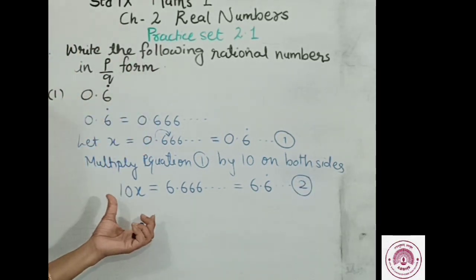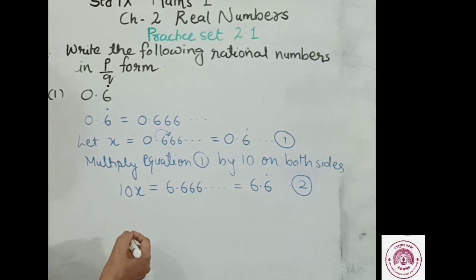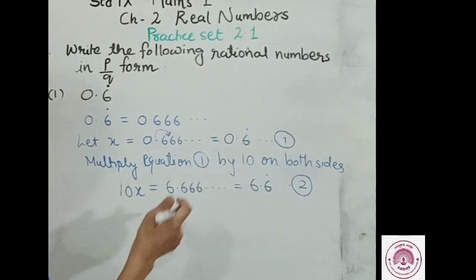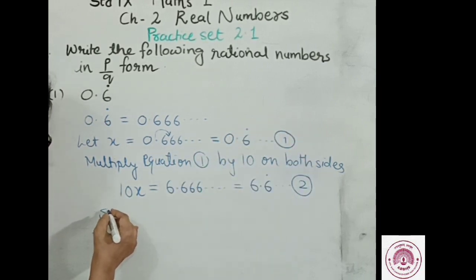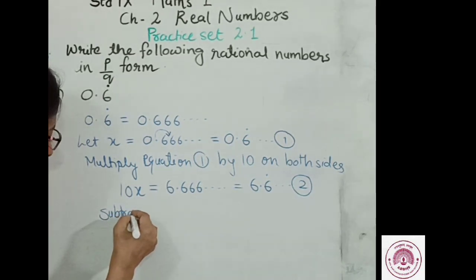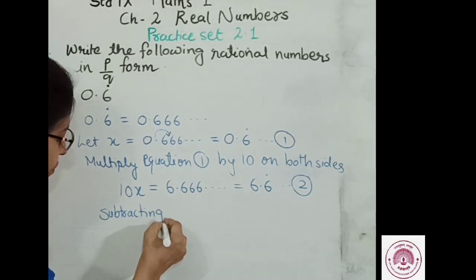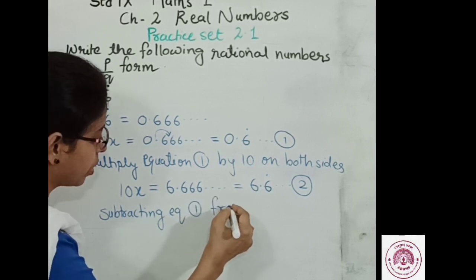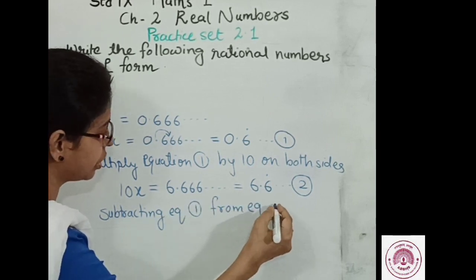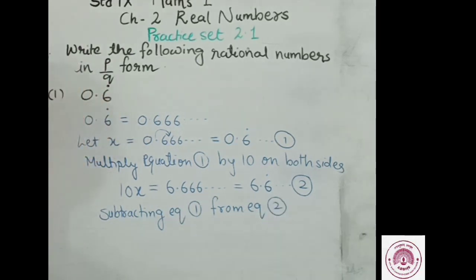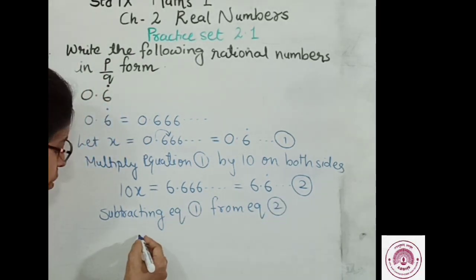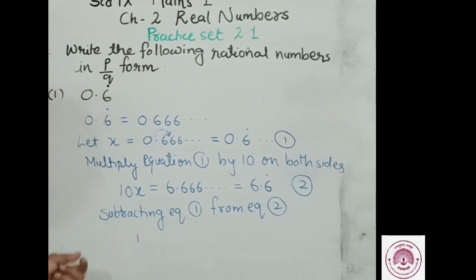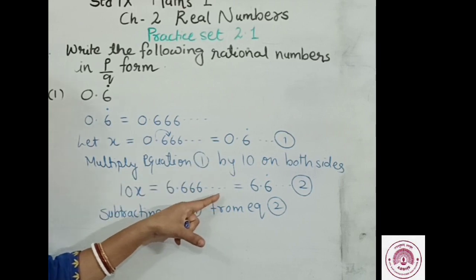So now we have two equations. We will subtract the first equation from the second equation. So let's write it. Subtracting equation 1 from equation 2. Okay. So we will subtract the left hand side from the left hand side and the right hand side from the right hand side.